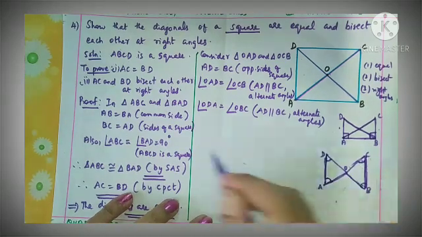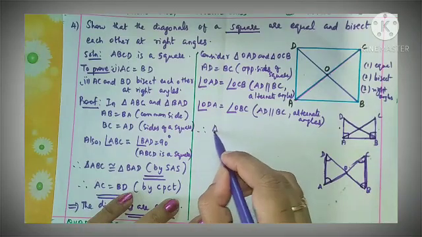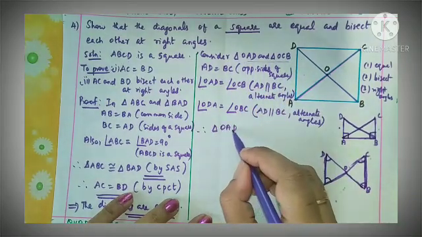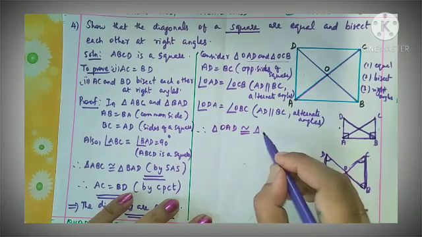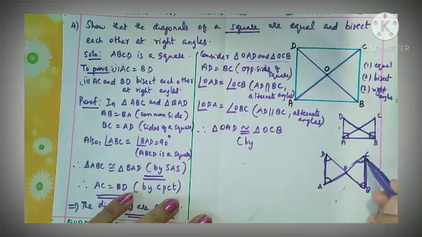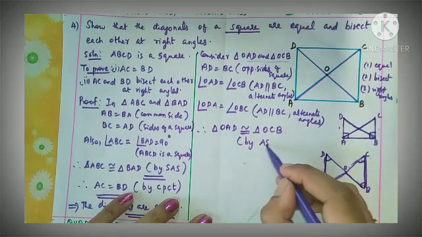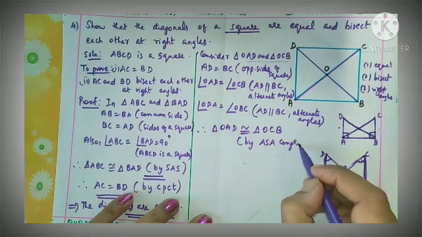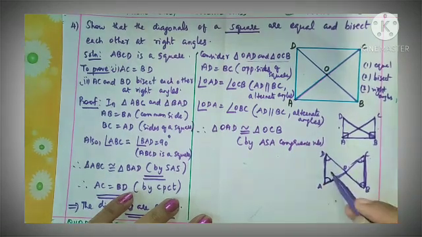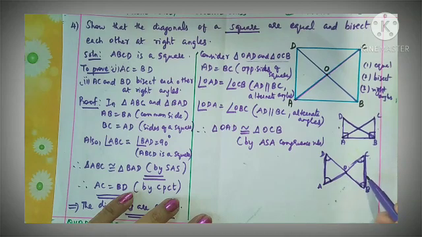Yes, ASA. So therefore the triangles we have taken, triangle OAD is congruent to triangle OCB by ASA congruence rule. Understood? So thus we got these two triangles are congruent.